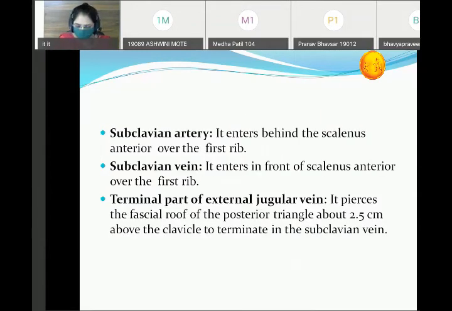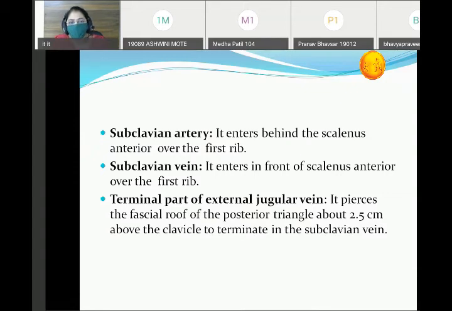The subclavian artery, we have seen, enters behind the scalenus anterior muscle for the first rib. If you remember the relations and attachments of the first rib, on the superior surface you see the subclavian vein, and just behind it the subclavian artery.